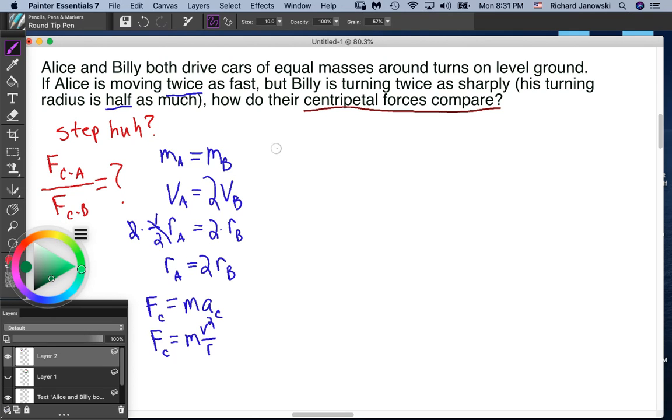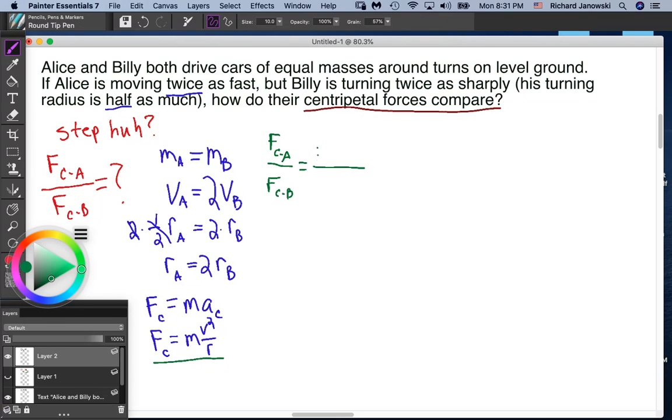So back to the idea we're starting with. We want to know F sub CA over F sub CB. So this is equal to something over something. Make the top something equal to the top thing and the bottom something equal to the bottom thing. So F sub CA, keep in mind this formula down here.